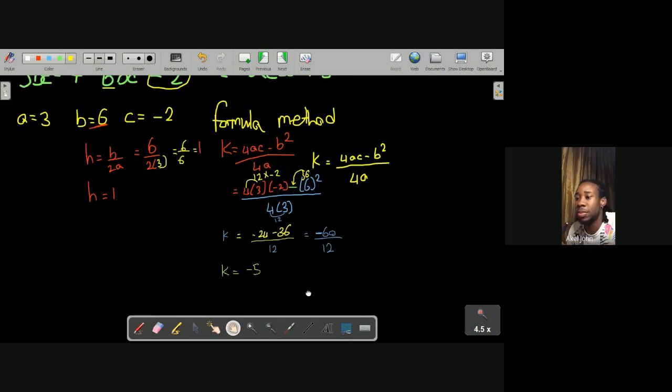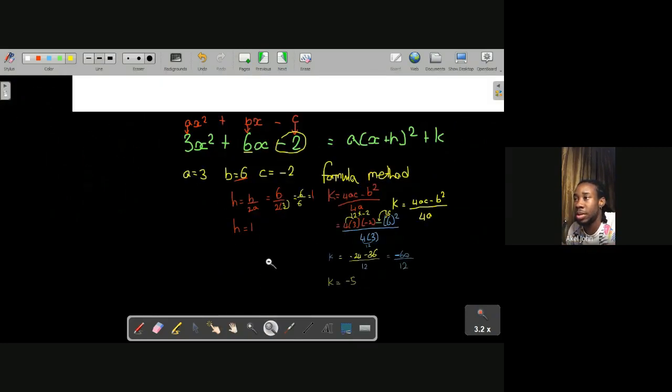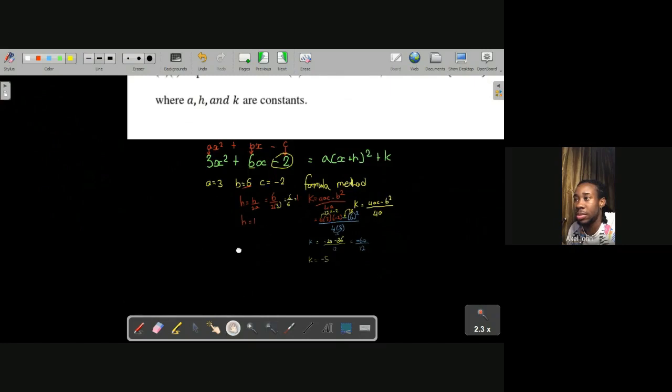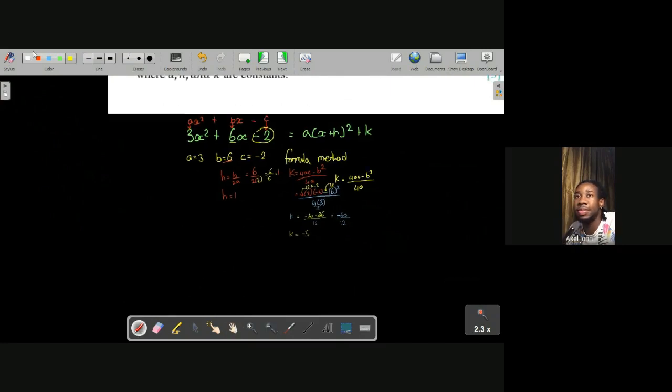So now we simply state thus: 3x squared plus 6x minus 2 is equal to, and you're putting it in the form that you wanted.